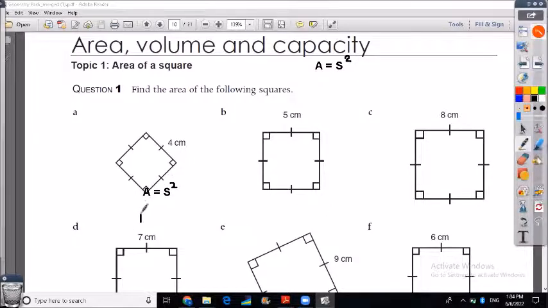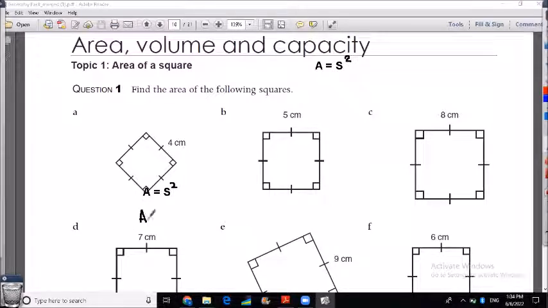Then now we can write A equals, what's the length of the side? It is 4, so it's going to be 4 squared. So what is A? A equals 16 centimeters squared, and don't forget putting in the unit. That's the area of this square.